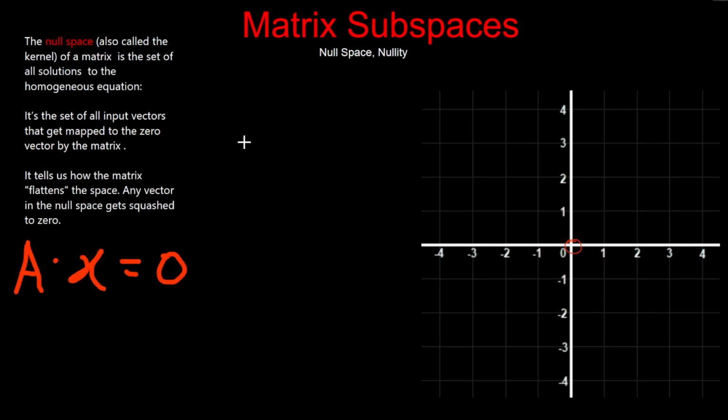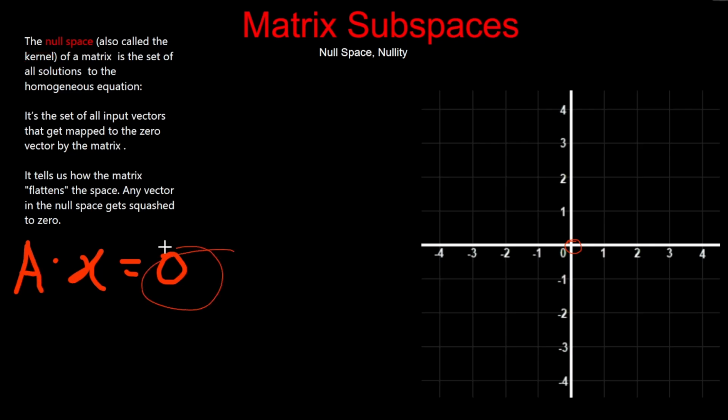Previously, we saw column space, which is nothing but the set of linear combinations of all its columns. Similarly, there's something called row space, which is nothing but the linear combinations of the rows of a particular matrix A. Let's talk about null space and nullity. Null space, also called the kernel of a matrix, is the set of all solutions to the homogeneous equation, this one. We multiply the matrix with a vector and get a zero vector.